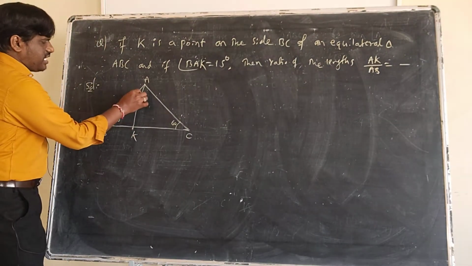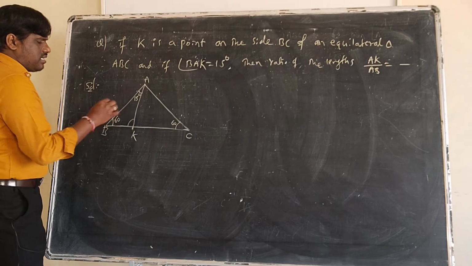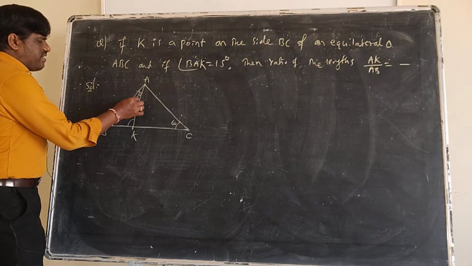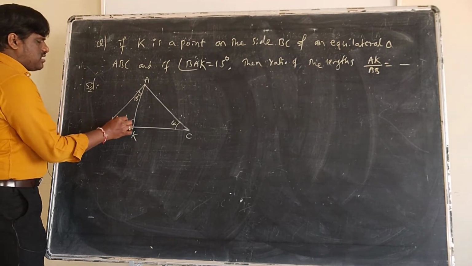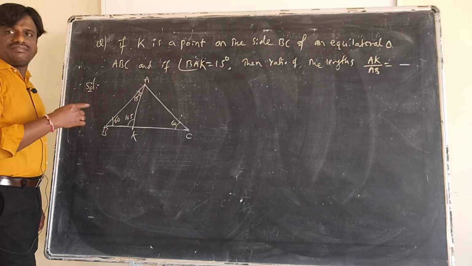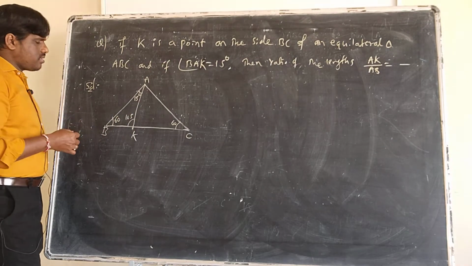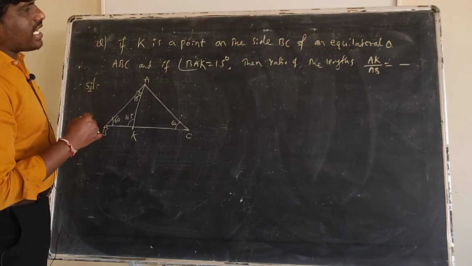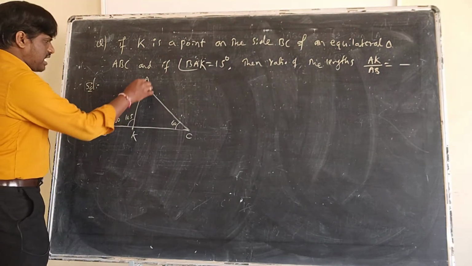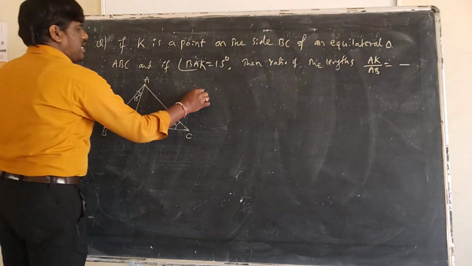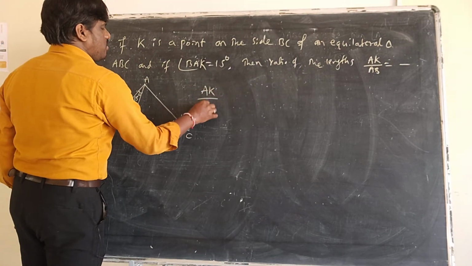If this is 15 degrees, what will this angle be? So 75 here, it means 105 here. Sum of the angles in a triangle is 180 degrees. So what is being asked here? AK by AB. This is nothing but the sine rule.